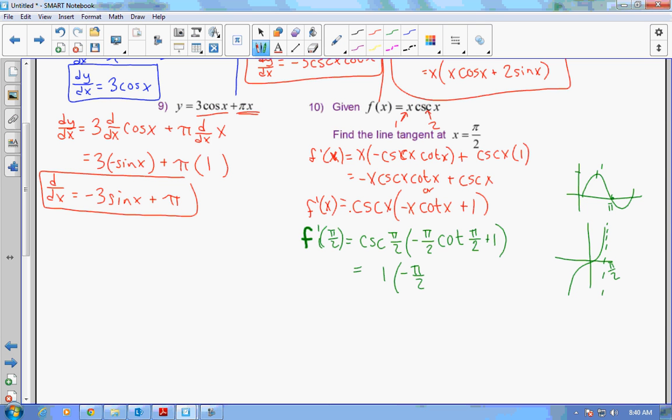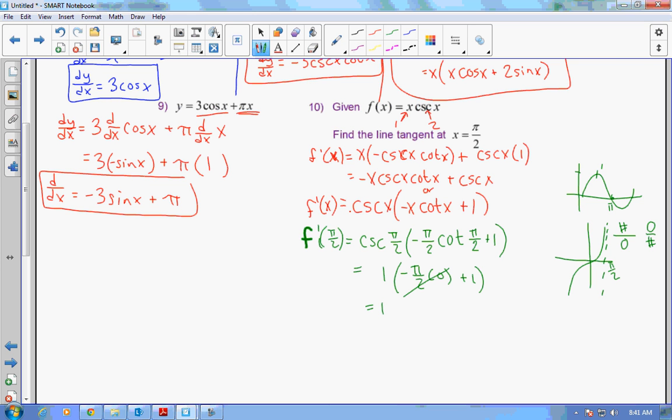Which means tangent at pi halves is undefined because it has a division by 0. It has some number divided by 0. If you flip that, 0 is on top over some number. So cotangent would be 0. Okay, and timesing by 0 is nice, gone, and we get 1 times 1.